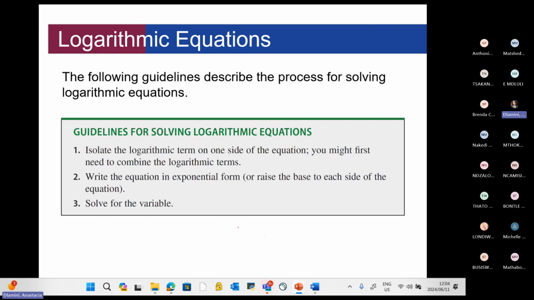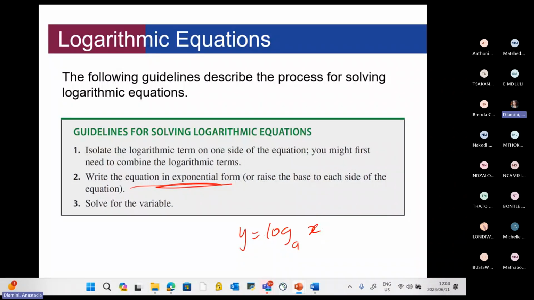If I had y is equal to log of x base a, how do I write it in exponential form? Because they say write the equation in exponential form. Guys, am I talking to myself? No, ma'am, we are here. I know I did mention it in one of the videos. How do I write it in exponential form?